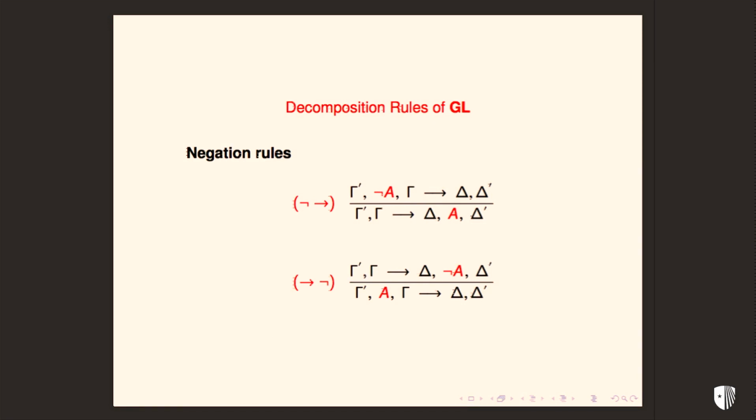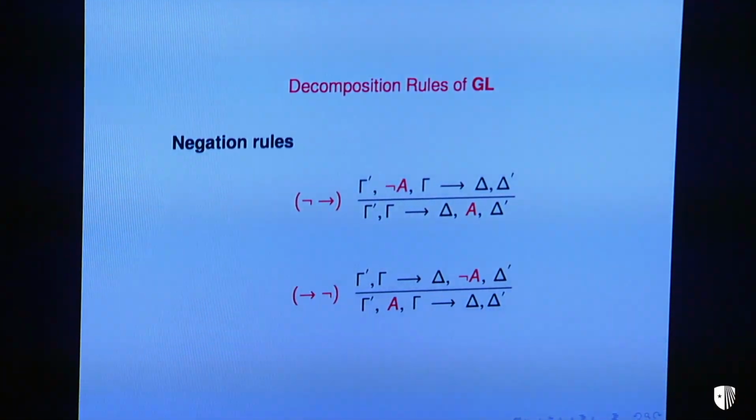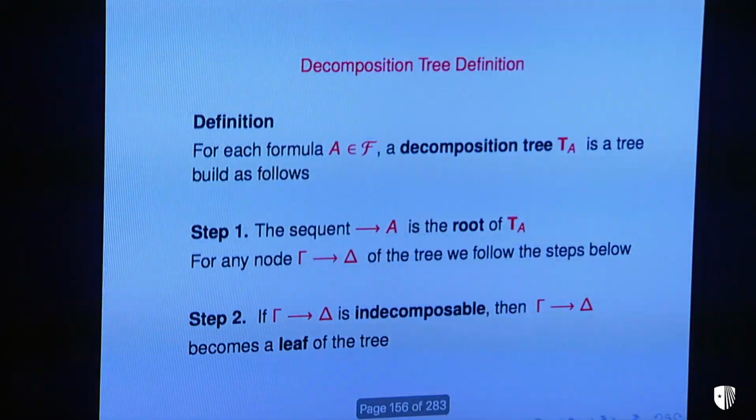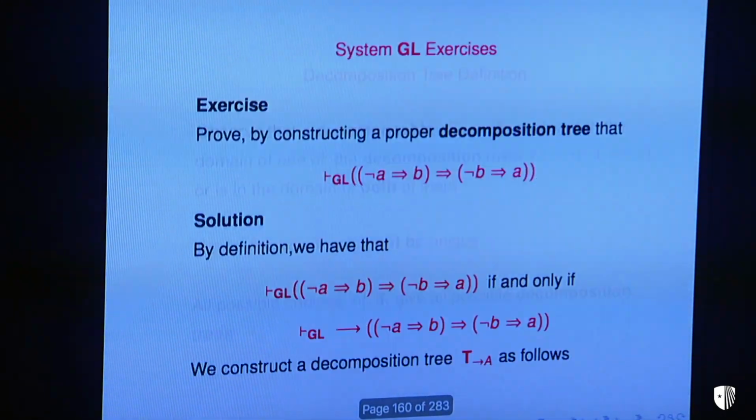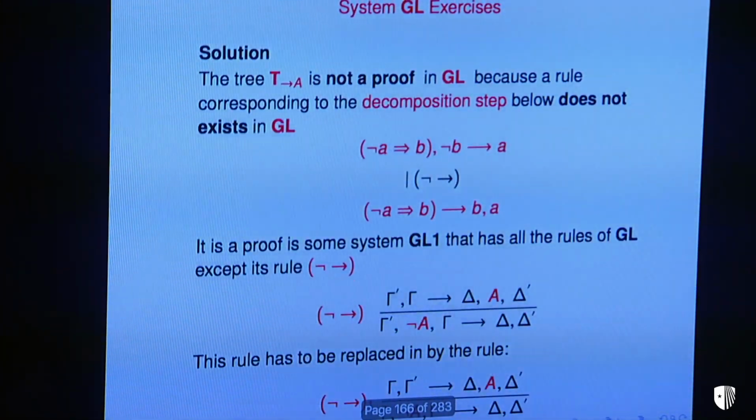And the same on this. If you have this, you don't put anywhere. That A goes between already indecomposable and decomposable. So you see, all rules tell you exactly where you switch and where you put your formulas when you decompose. So it's nicely, a little bit more.